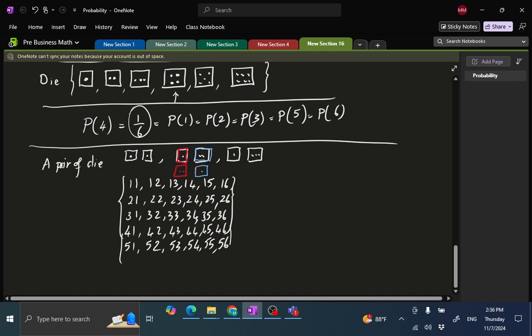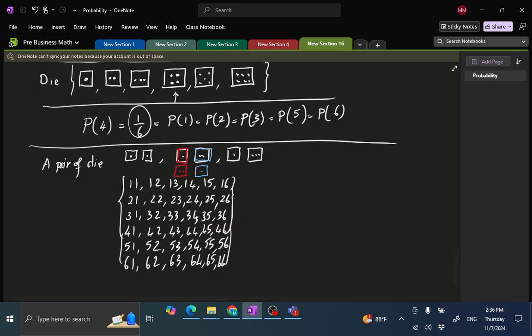Kind of tiring, but we are done. You can get finally 6 1, 6 2, 6 3, 6 4, 6 5, 6 6. Well, this is your sample space.